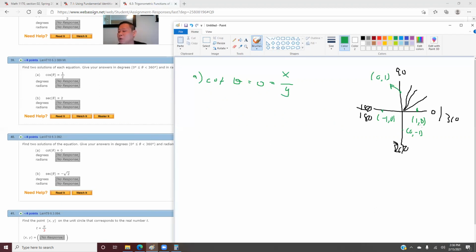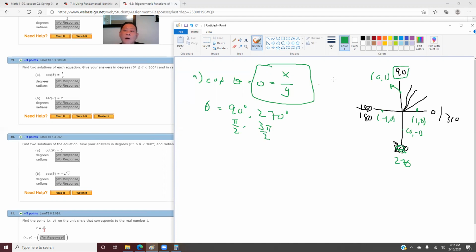Can you tell me which coordinates, when you take x divided by y, give you 0? 90 or, oh wait, that's negative. 90 or 270. So theta in this case is 90, comma 270. And in radians, pi over 2 and 3 pi over 2. Perfect.